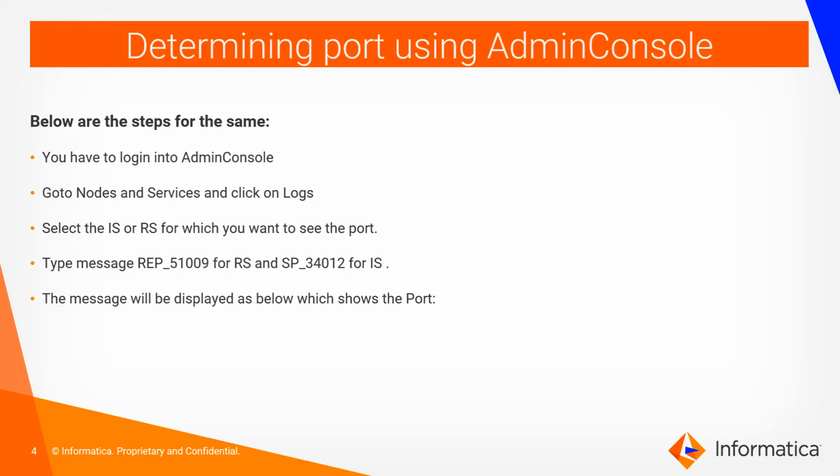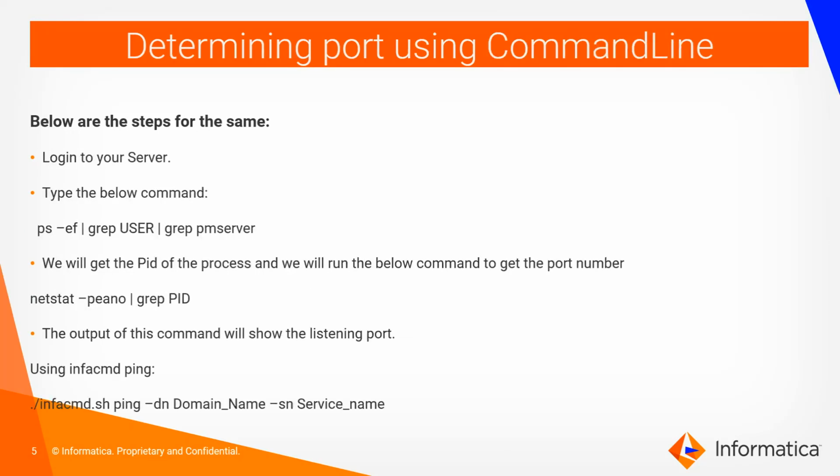We'll proceed to the command line section now. So we'll see how to determine the port using the command line. For this, you will have to log into your Informatica server, and we will use Linux commands to find the PID of the particular process for which we want to find the port.